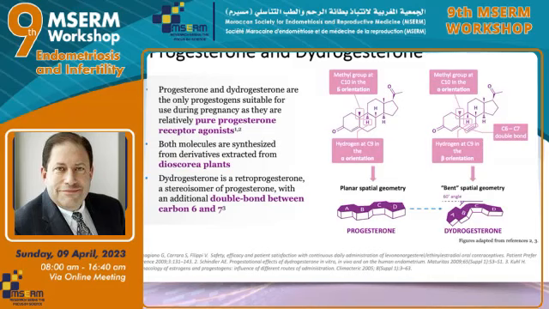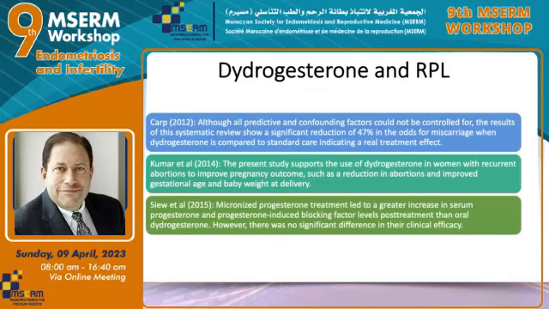Dydrogesterone is actually considered a retroprogesterone, but it has a similar effect at the progesterone receptor as endogenous or native progesterone. And it's believed that that in and of itself makes it a somewhat different synthetic molecule than some of the other synthetic progestins that have been used.